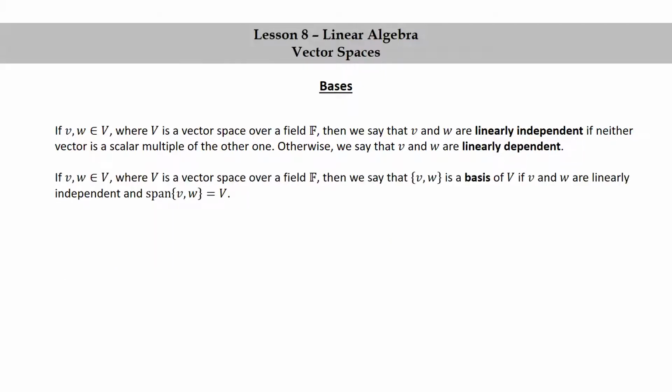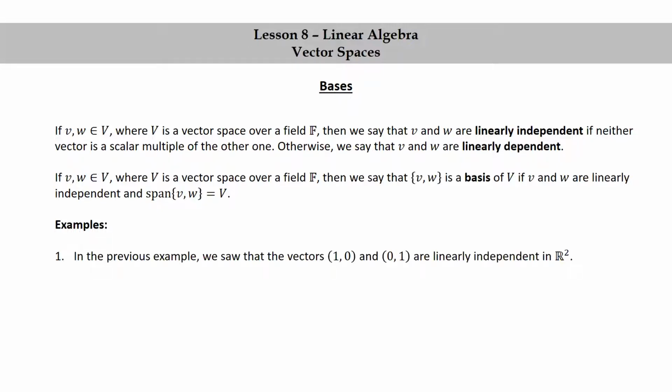If v and w are in V, where V is a vector space over a field F, then we say that the set consisting of v and w is a basis of V if v and w are linearly independent and the span of v, w is equal to all of V. Let's look at some examples. In the previous example, we saw that the vectors (1, 0) and (0, 1) are linearly independent in R2.